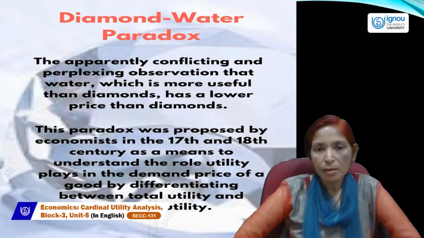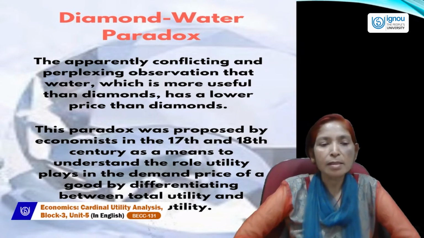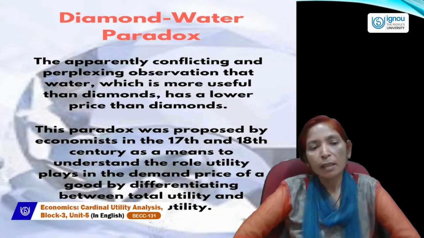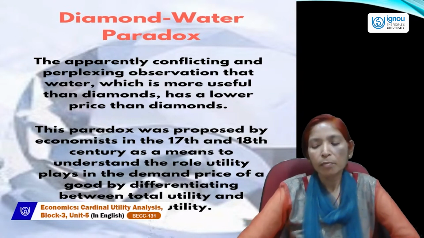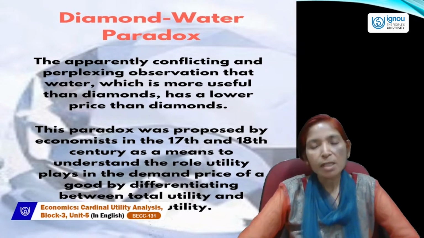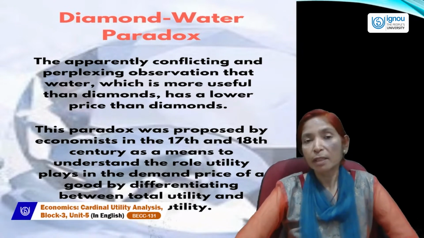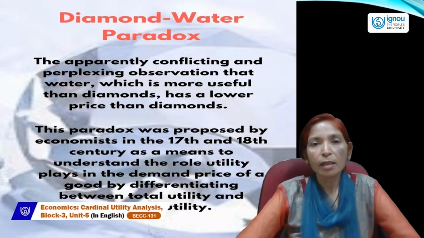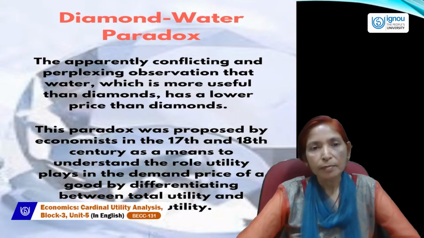This paradox was proposed by economist Adam Smith in the 17th and 18th century as a means to understand the role utility plays in the demand price of a good by differentiating between total utility and marginal utility. This was the puzzle of Adam Smith: why is water so cheap and diamond so costly?